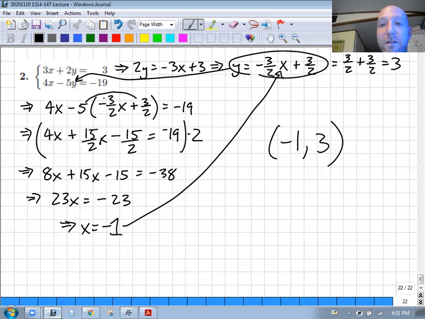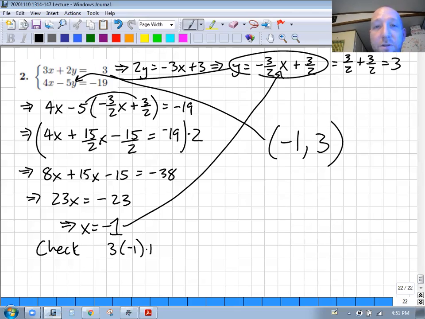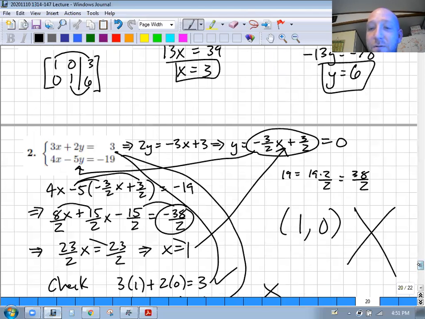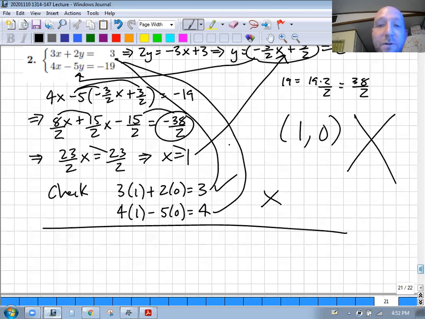Let's check our work here. First equation. 3 times negative 1 plus 2 times 3 is negative 3 plus 6. That's equal to 3. Remember last time I plugged in a 1, 0 and it worked out on the first equation?